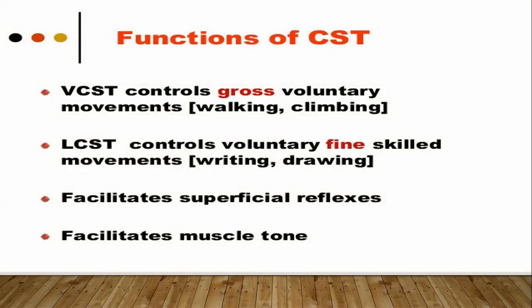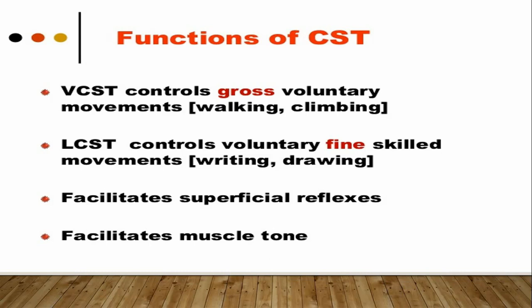Then the function. The ventral corticospinal tract controls gross voluntary movements like walking and climbing, and the lateral corticospinal tract is responsible for fine skilled movements like writing and drawing.